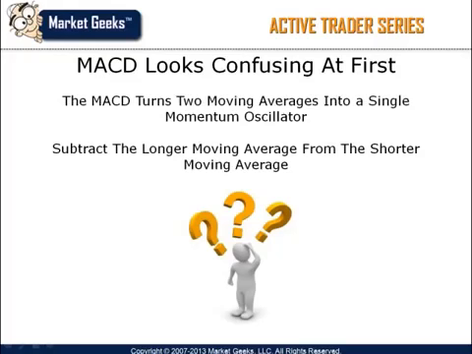The MACD turns two trend-following indicators, moving averages, into a momentum oscillator by subtracting the longer moving average from the shorter moving average. As a result, the MACD offers the best of both worlds, trend following and momentum.